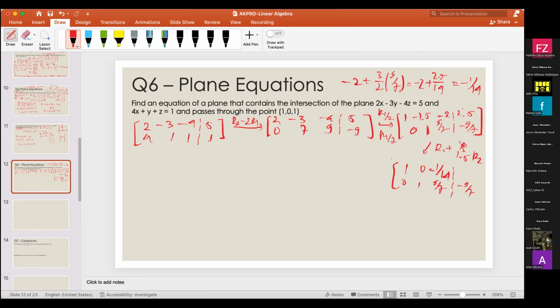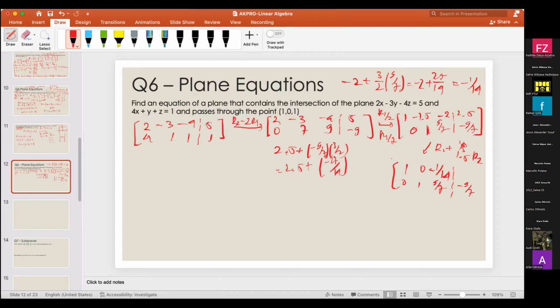This 2.5 will be 2.5 plus negative 9 over 7 times 3 over 2. This results in 2.5 plus negative 27 over 14.